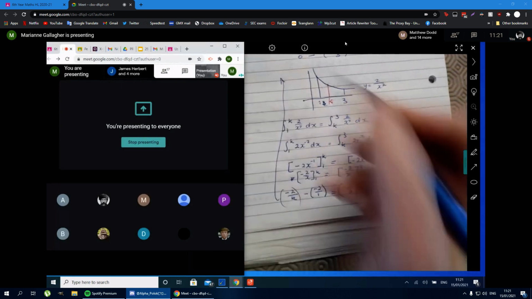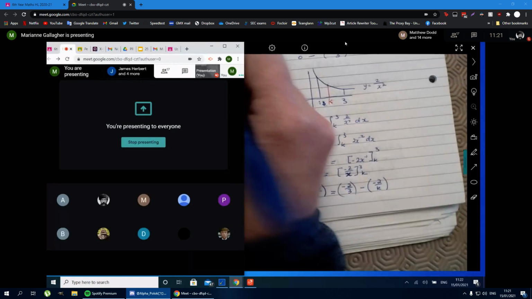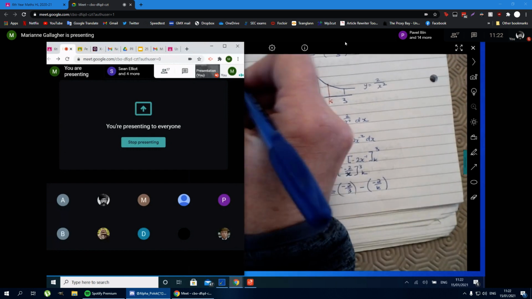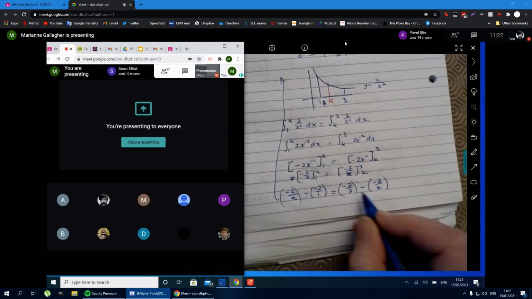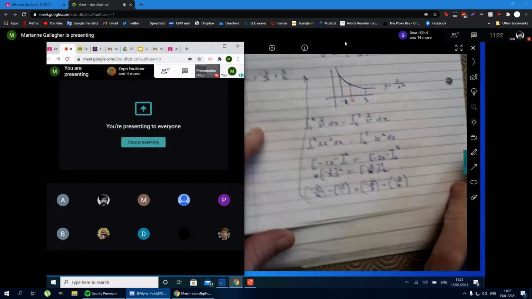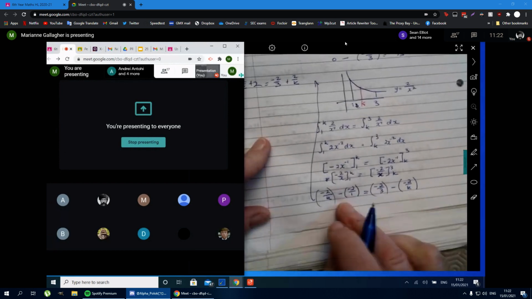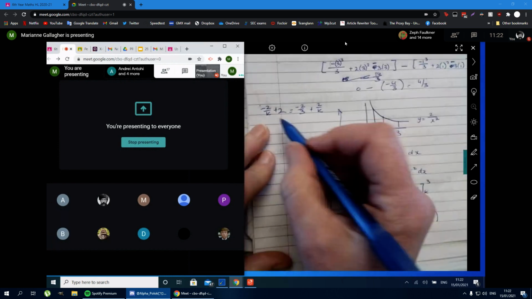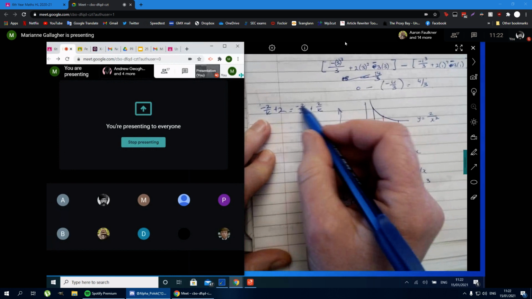Okay, so I've got minus 2 over k plus 2, because minus 2 plus 2 is equal to minus 2 over 3 plus 2 over k. All right, so that's just sorting out the signs from all of this. I'm going to get all the k's on one side and the numbers on the other.